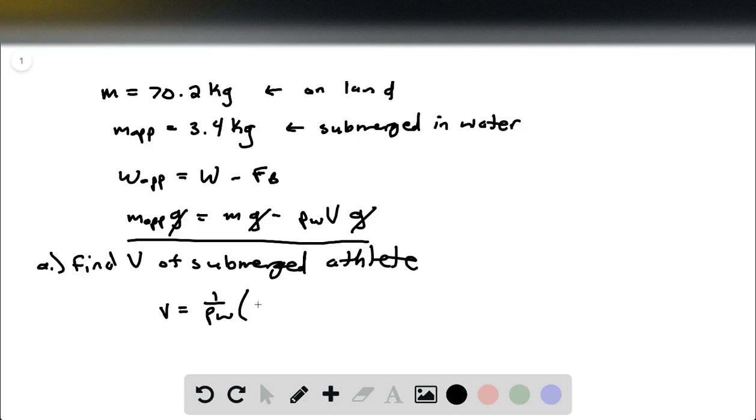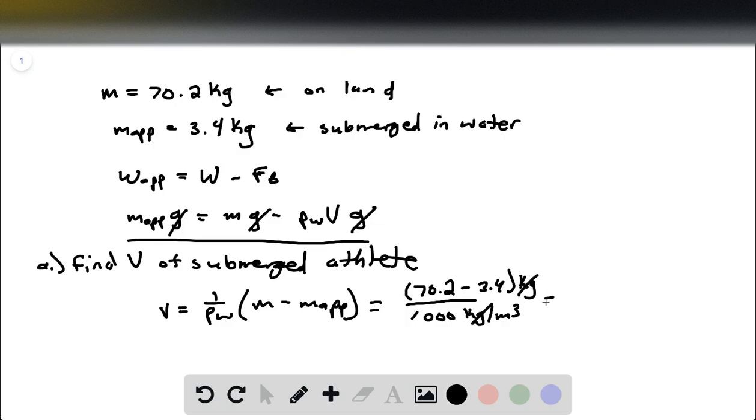And we have the mass minus the apparent mass, bringing this term onto this side. So the density of water is a known constant in a table earlier in the book. So that's 1,000 kilograms per meter cubed. And the mass here is given to us as well as the apparent mass.